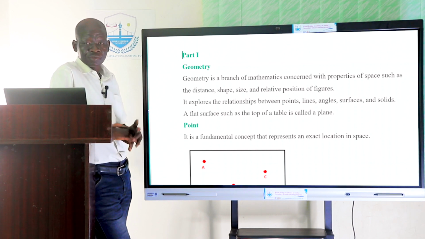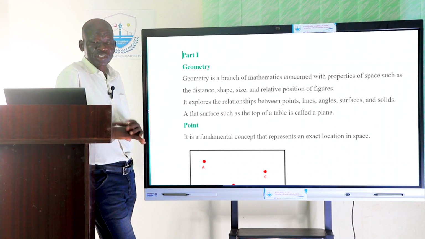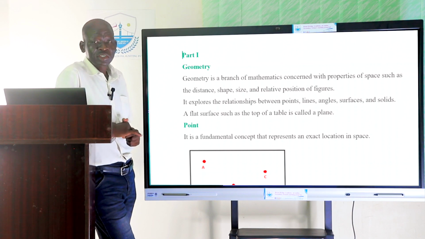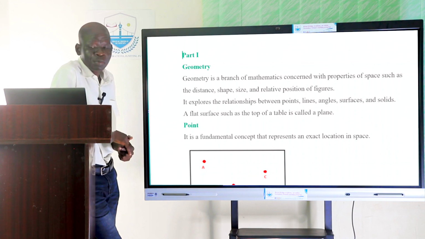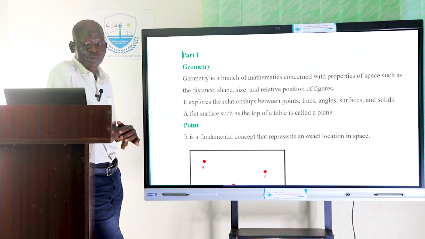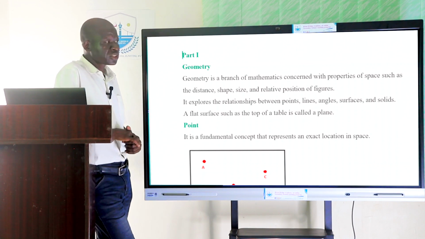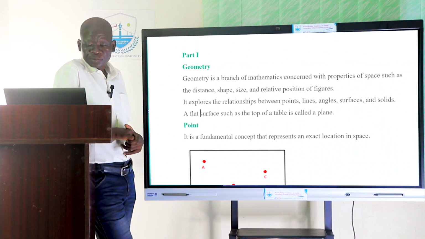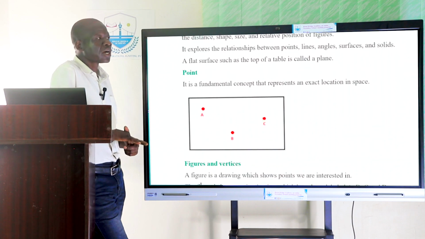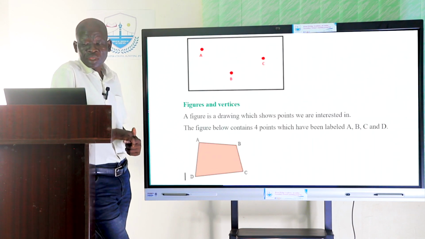That branch of mathematics that specifically deals with such is what is referred to as geometry. It explores the relationships between the points, lines, planes, angles, surfaces, and the solids.